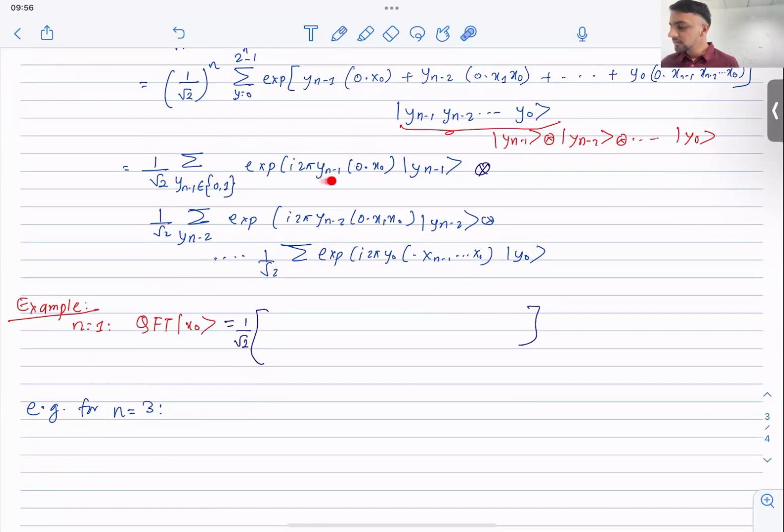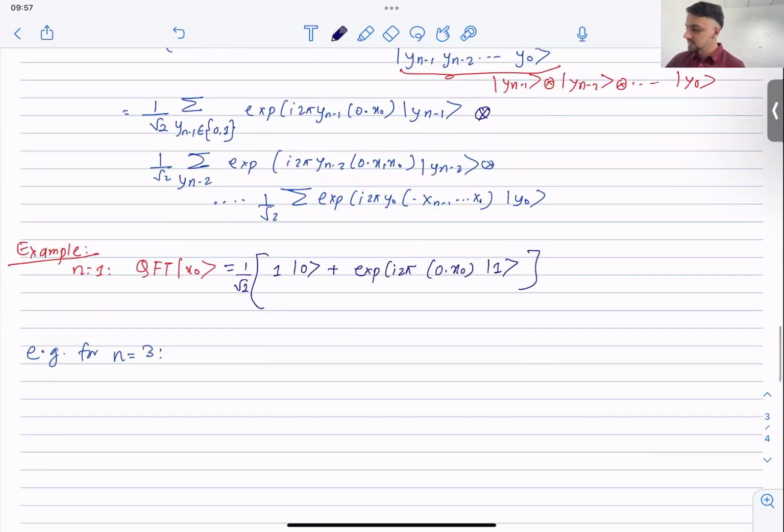So when yn minus 1 is 0, this whole thing will just be 1, so I'll just have 1 times ket 0, plus, when yn minus 1 is 1, exponential of i 2 pi 0.x0 times ket 1.